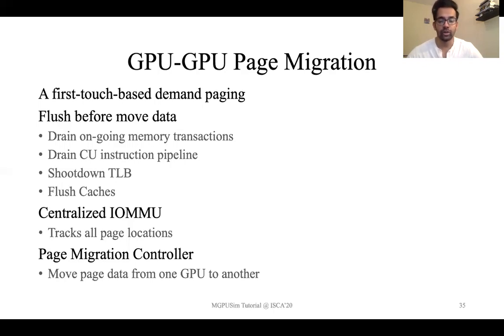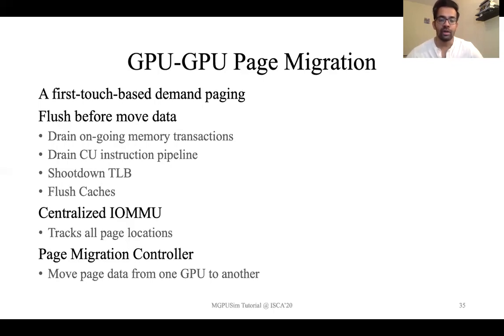This is also a long latency process and involves multiple steps. This includes things such as the TLB shootdown, the flushing of the memory pipeline, and the flushing of caches, including the L2 cache, since it contains the most recent data.